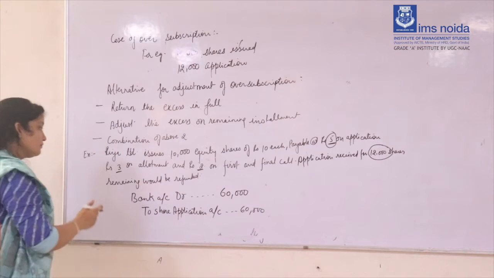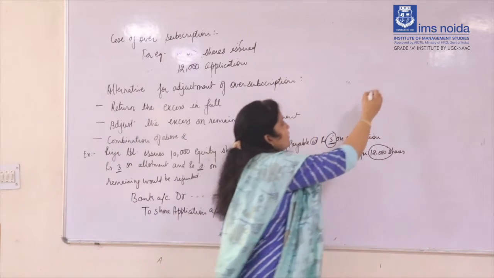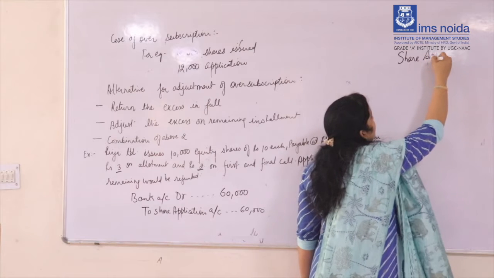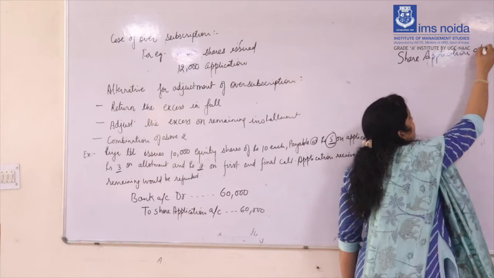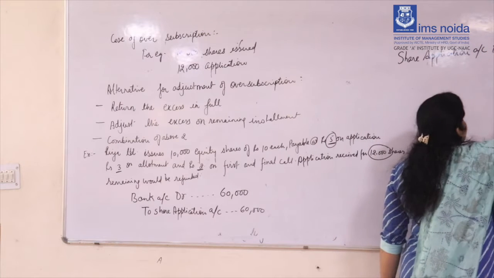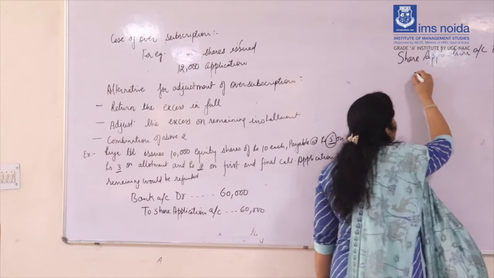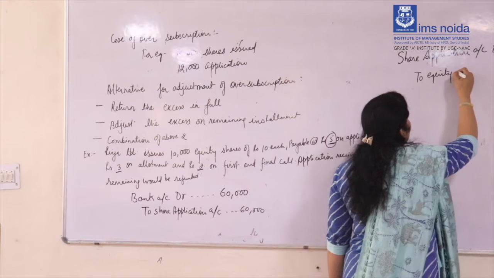Now the second entry will be share application account debit, again 60,000, to equity share capital account.